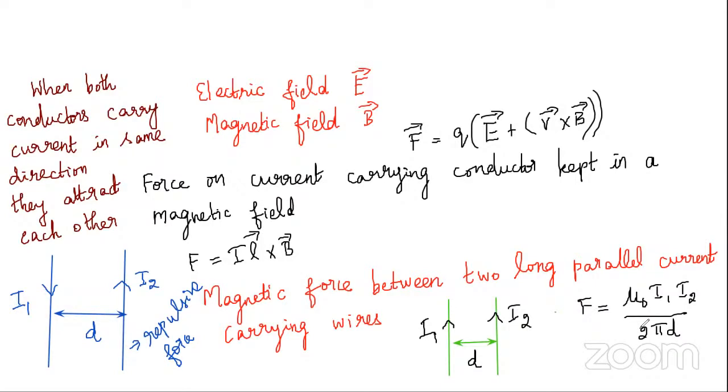Then we will move on to the next concept. The next concept is current carrying loop as a magnetic dipole.